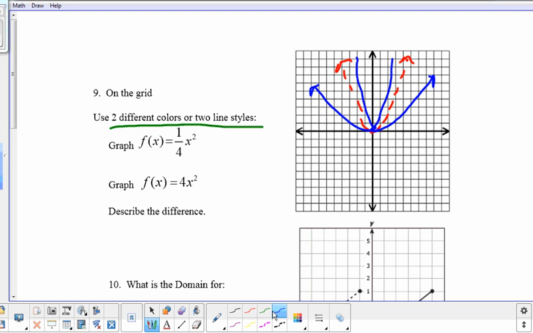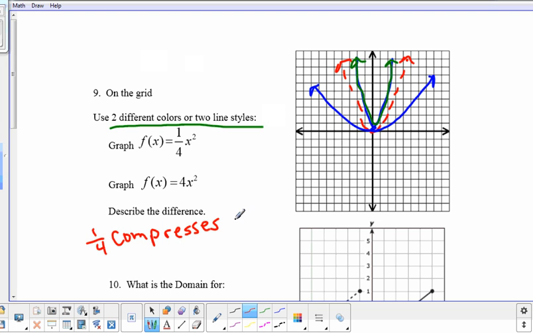I should have used a different color. I'll go over that with green. Okay, describe the difference. Well, the difference is 1/4 compresses and 4 stretches it up.